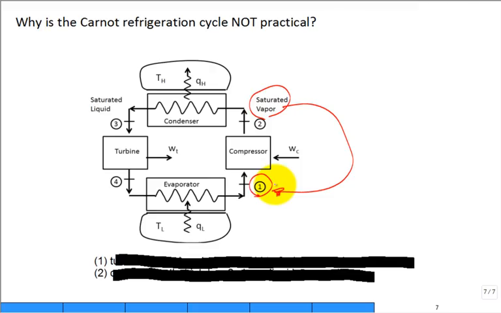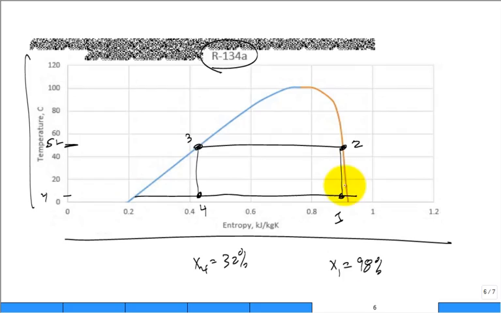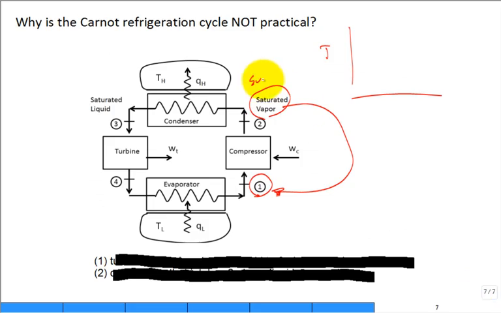Once I shift state 1 over here, and I compress it, state 2 is going to be a higher temperature. And now I'll have to de-superheat it to cool it off before it starts to condense. It'll come out of that compressor superheated vapor, which is okay, but it's not going to have the efficiency that the Carnot did.